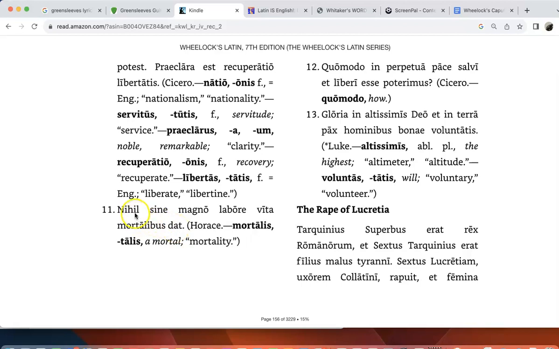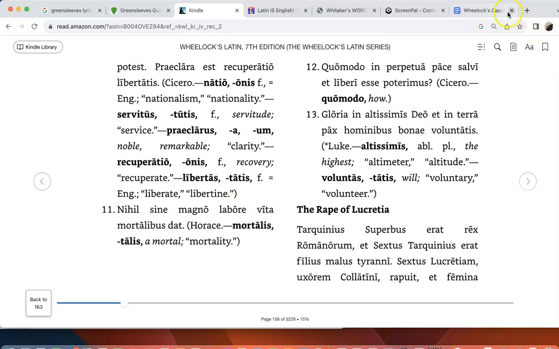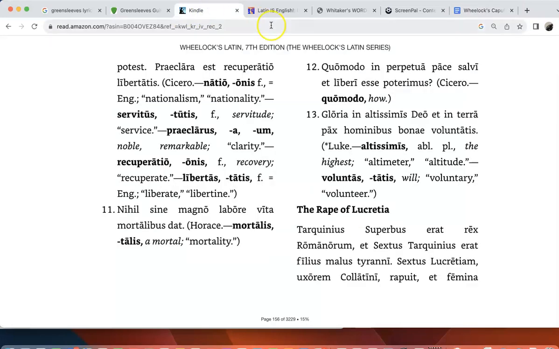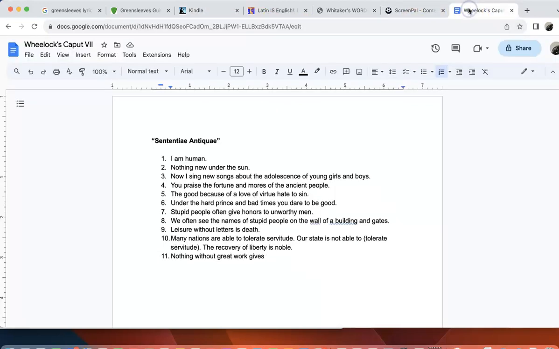So nothing without great work gives life to mortals.